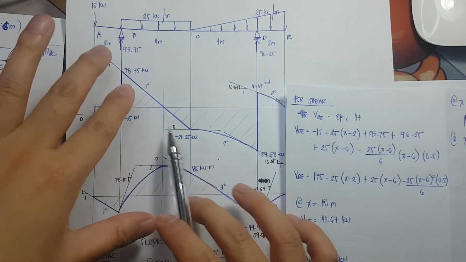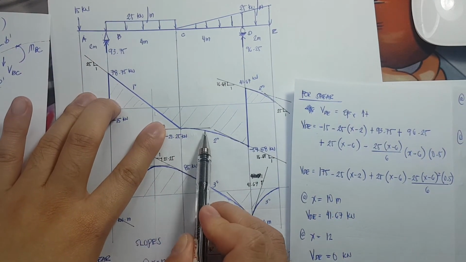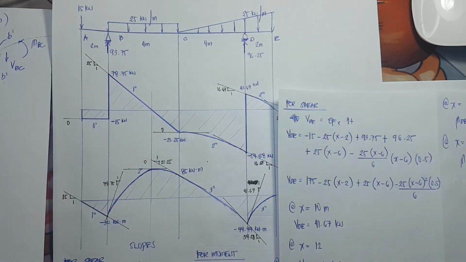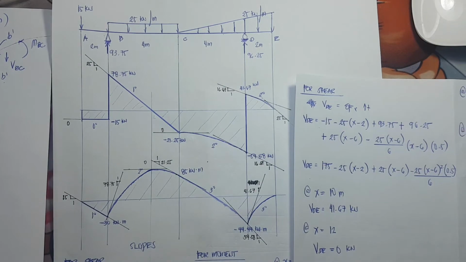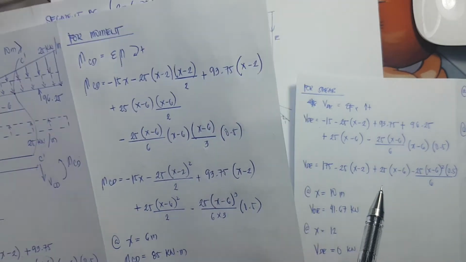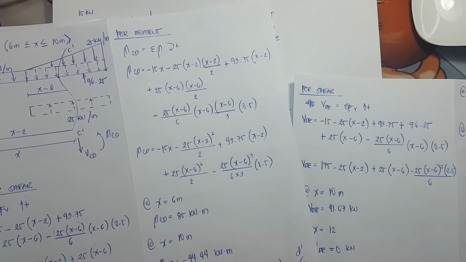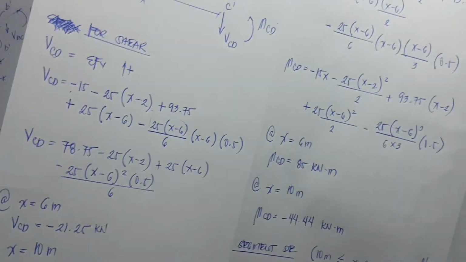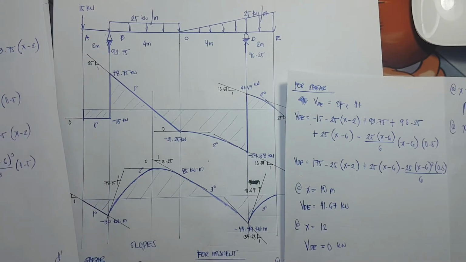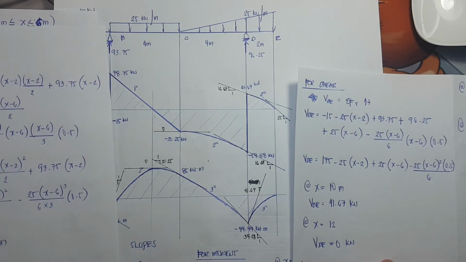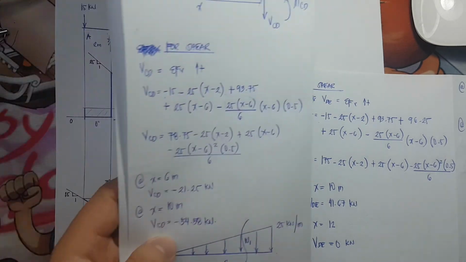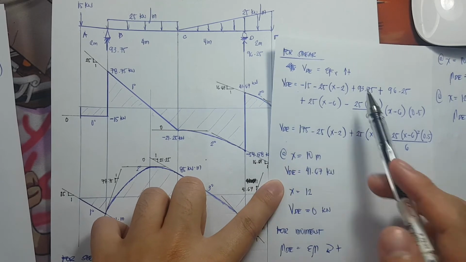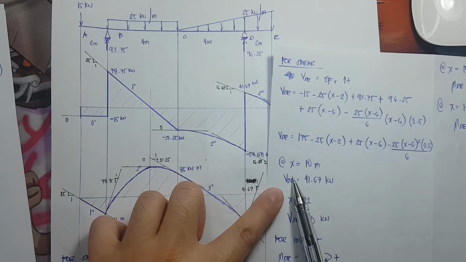This is the correct diagram. So, from a straight line from this point to this point, magdodrawing ako ng paganon. Okay? Now, at point D. Nasa point D na tayo. So, for segment D, the shear is negative 54.58. Then, at D to E, the shear is 41.67.